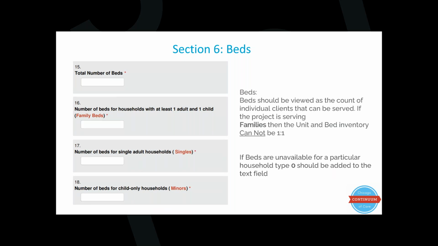For question 17, we'll put 10 beds because singles can be 1-to-1 with the unit count. So for the total beds, we'll have 30 beds. If you add 16 and 17 up, 20 family and 10 singles, you'll have that total of 30 beds. So again, these numbers have to make sense together. And if there are any discrepancies, this is what we'll really reach out for, just to confirm what the actual bed and unit counts are.